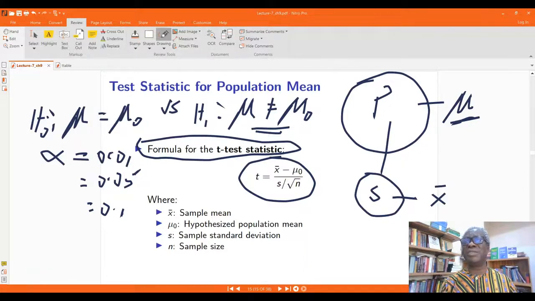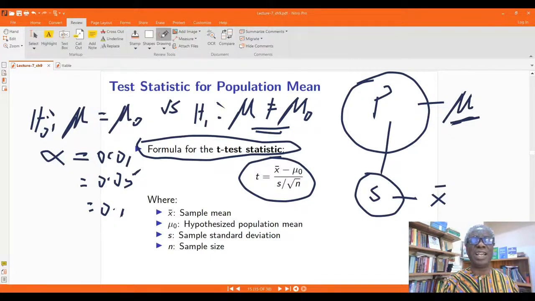So because the assumption is that the population standard deviation is unknown, then we need to estimate it using the sample standard deviation. So that has replaced sigma here. So that's the major difference between the Z and the T. So take note of that.